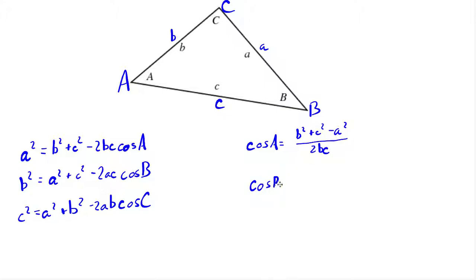Then we have cosine of b is equal to a squared plus c squared minus b squared over 2ac. And the cosine of c is equal to a squared plus b squared minus c squared all over 2ab.